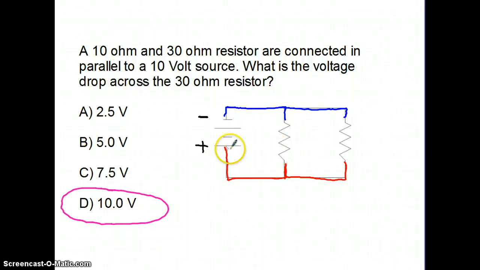Notice here in the key, this battery is oriented with the positive terminal downward, so the high voltage in this case is denoted by the red. The low voltage at 0 volts is blue, so you get a full 10 volt drop across each resistor.